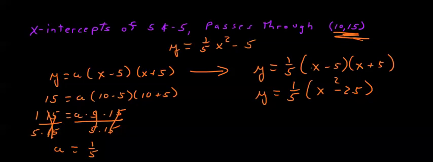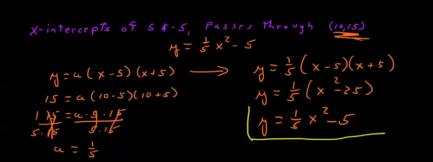The negative 5x and positive 5x cancel. Y is equal to, I distribute, 1/5 x squared minus 1/5 times 25 is 5, and I'm done. And that's it.